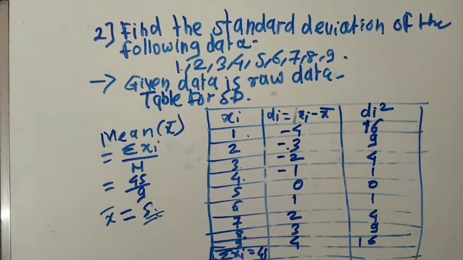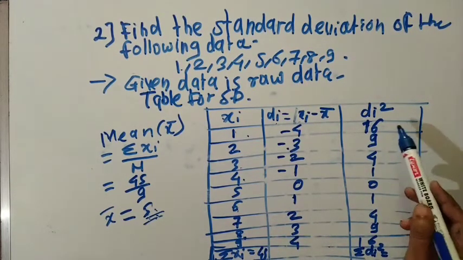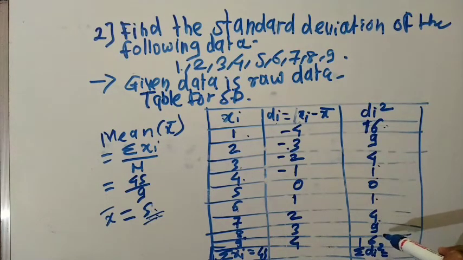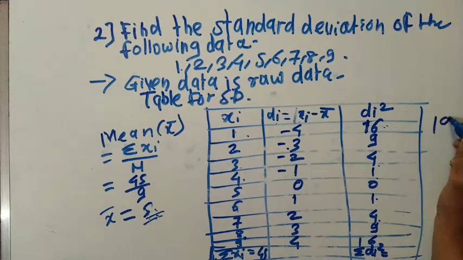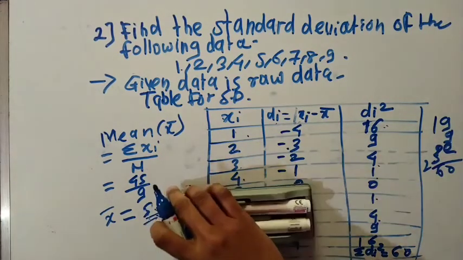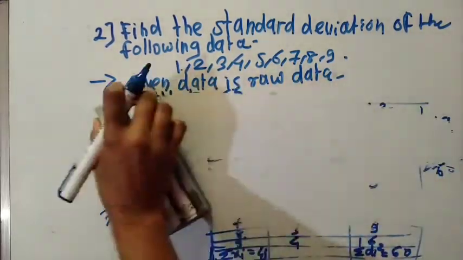Then find the summation of di square. All this addition is 60. Then we write down the standard deviation formula.